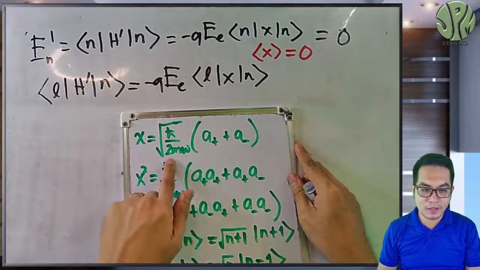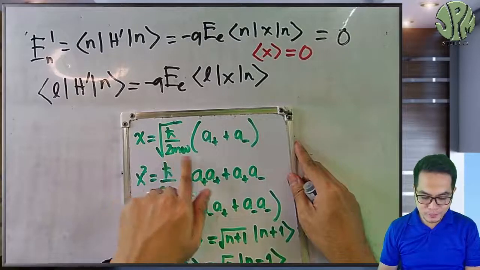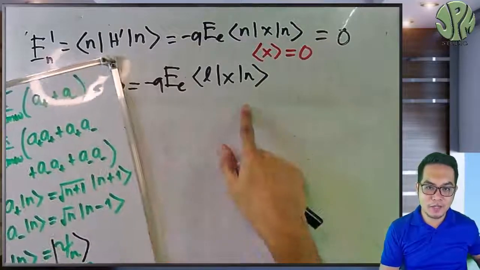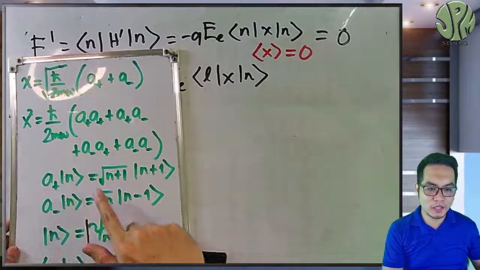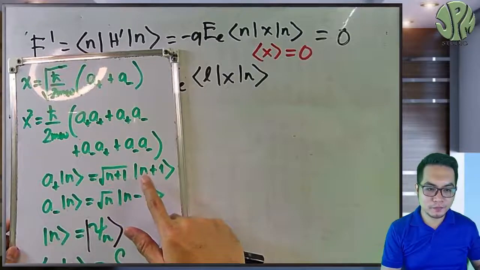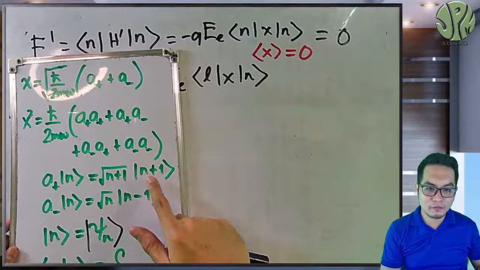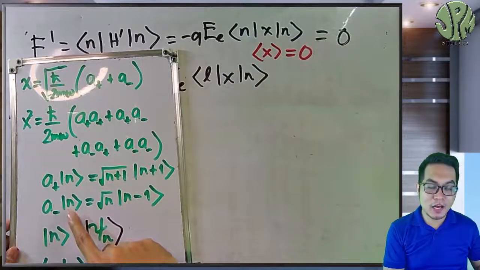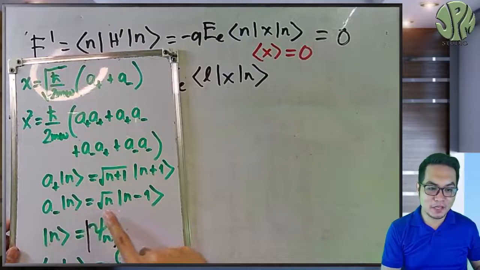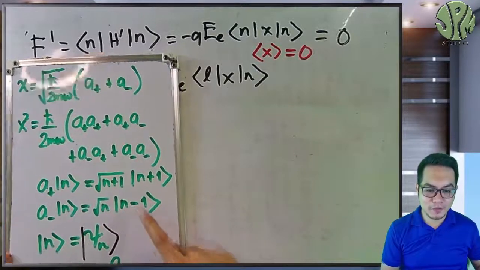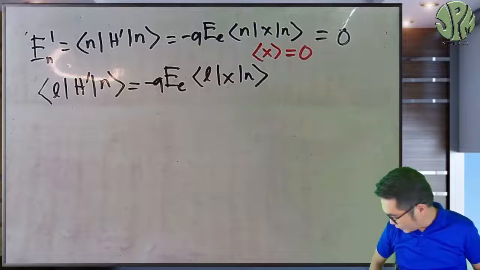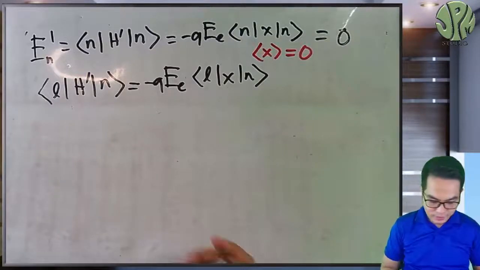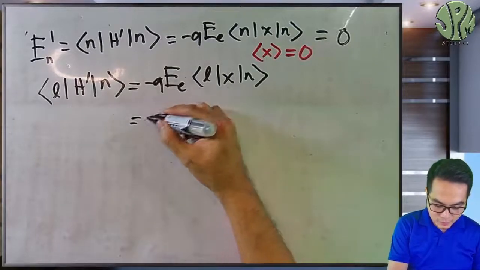You will have a factor square root of h bar over 2m omega, then a plus plus a minus, where a plus acting on n, our wave function, will result in square root of n plus 1, psi n plus 1, and a minus acting on our wave function psi n will get square root of n, psi n minus 1. So when you do that, you will get this result. I will leave that to you.